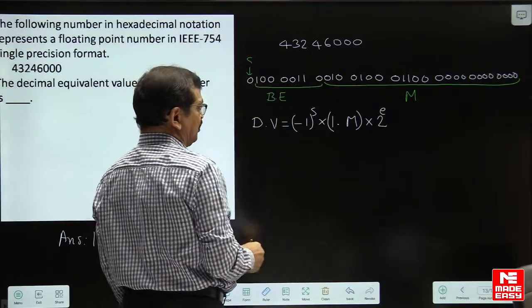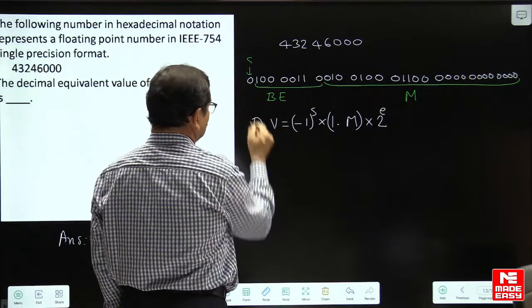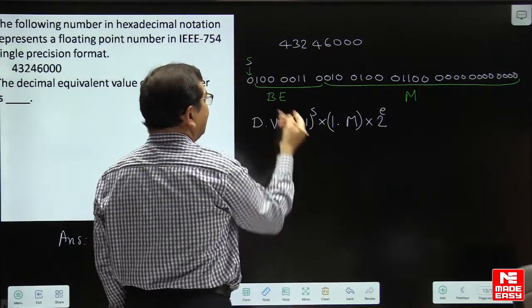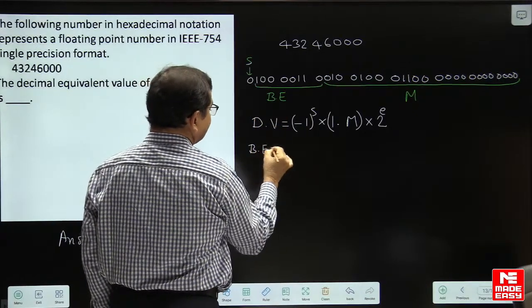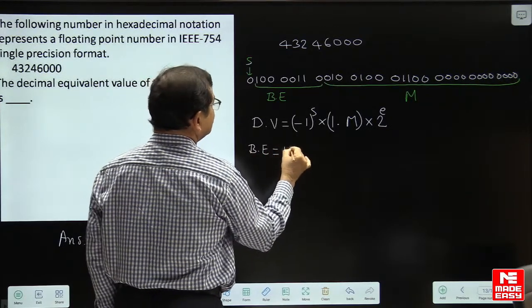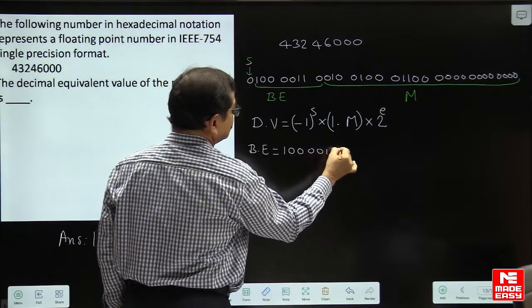It's a biased exponent, right? So the sign is 0 here. And the exponent part is a biased exponent: 1, 0, 0, 0, 0, 1, 1, 0.